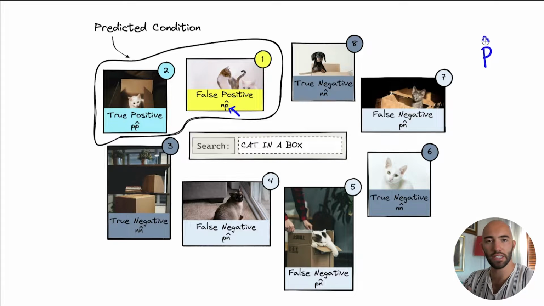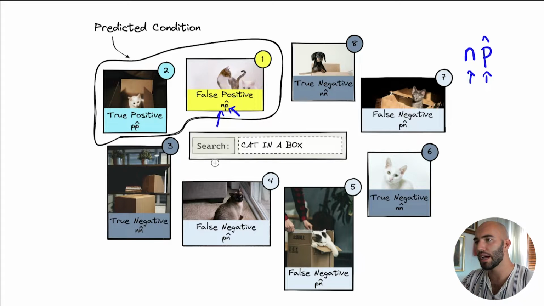That P hat means that the predicted condition is true. But we can also see that there's a negative, and that is because the actual condition of that item is false. It is not relevant to us. So we get this false positive: actual negative, and predicted positive.